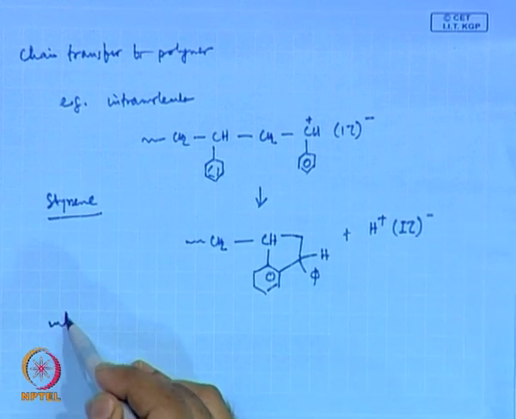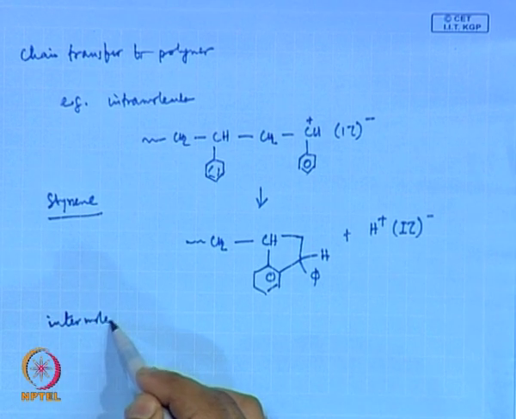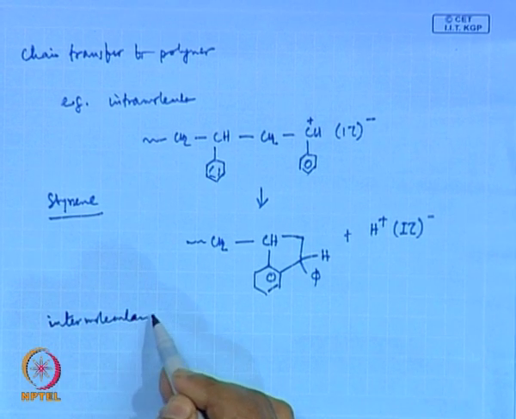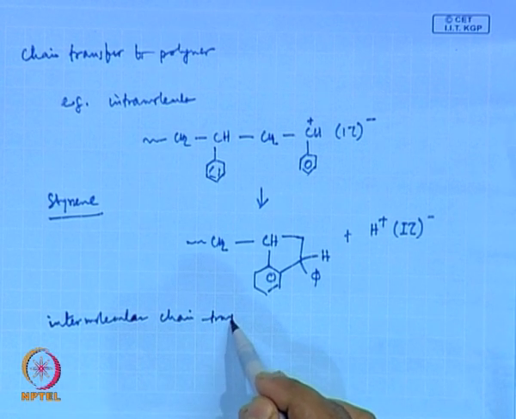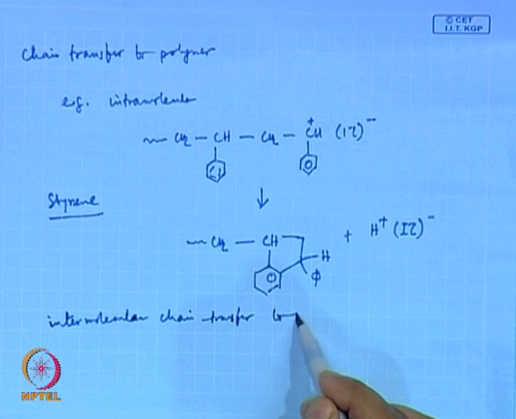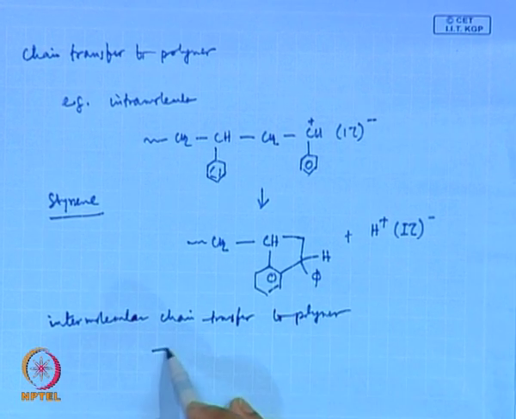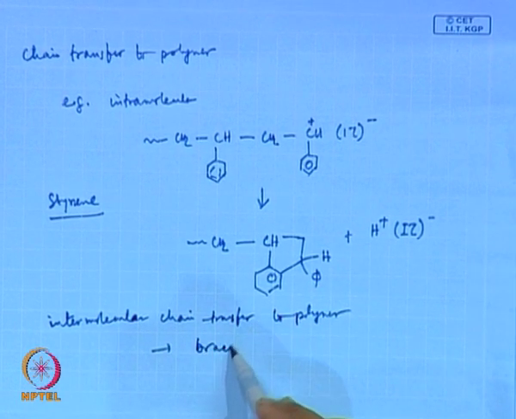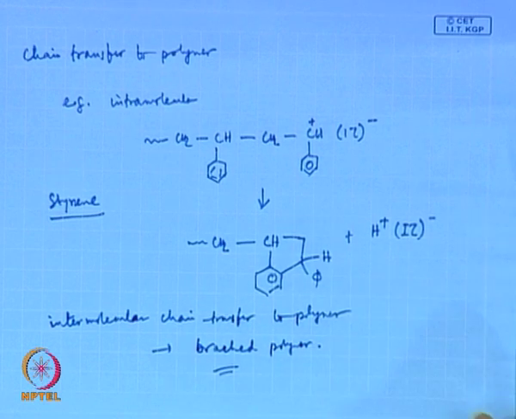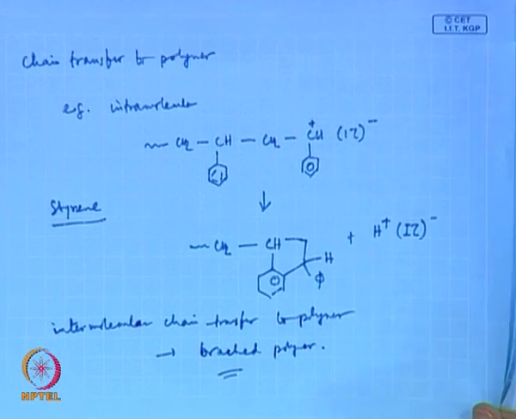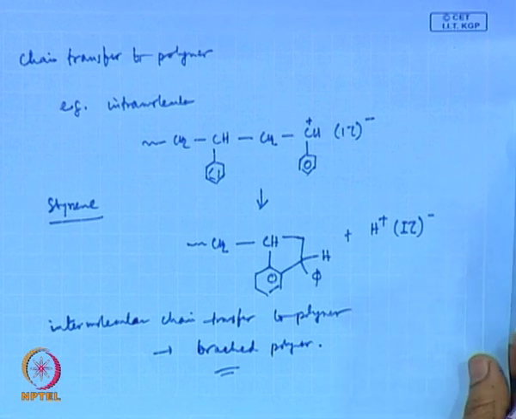And if intermolecular chain transfer to polymer happens, then you get a branched polymer. So, these are very similar to the reactions we discussed in case of radical chain polymerization.